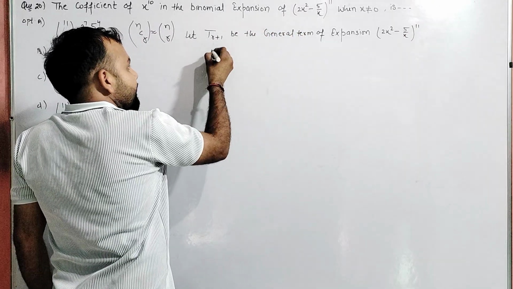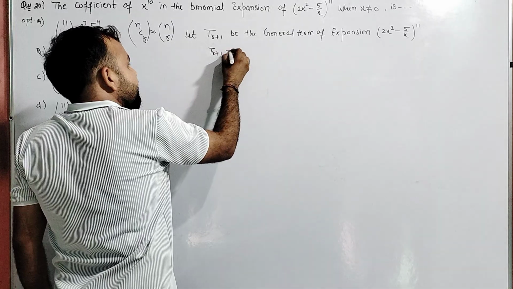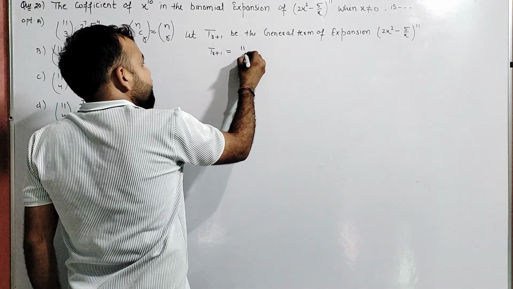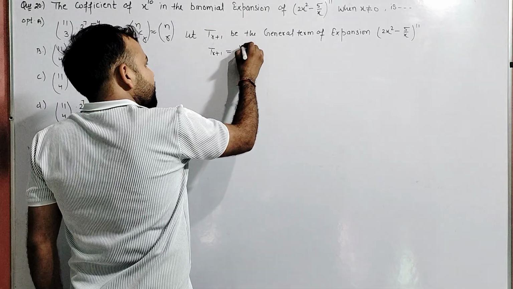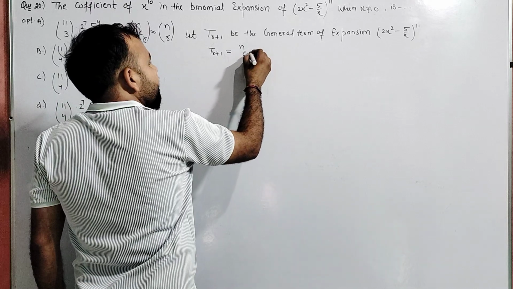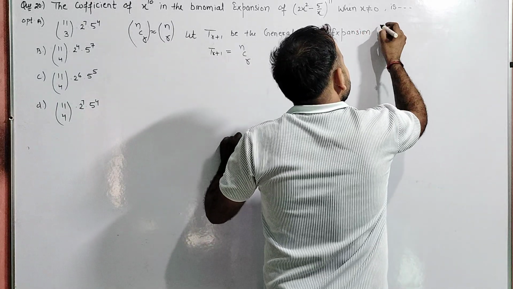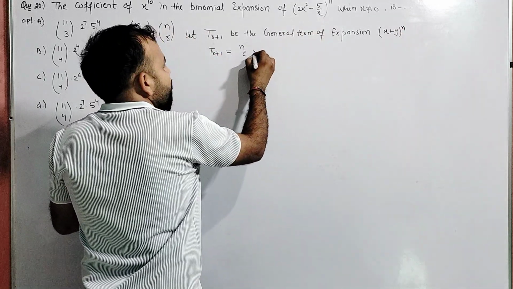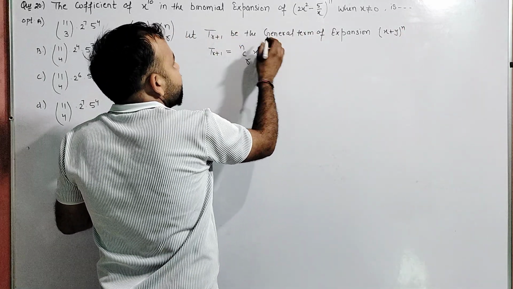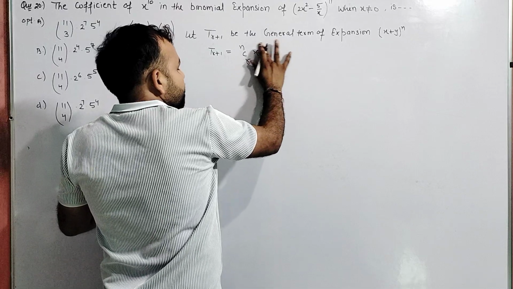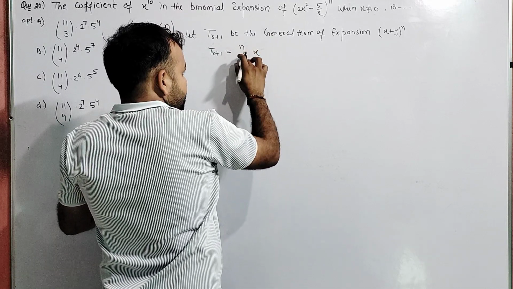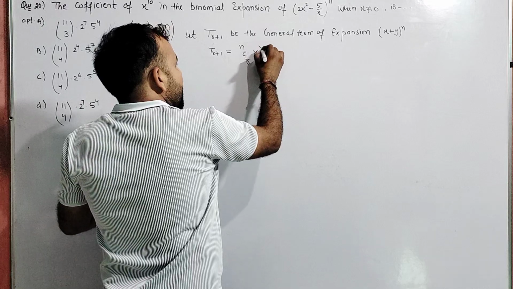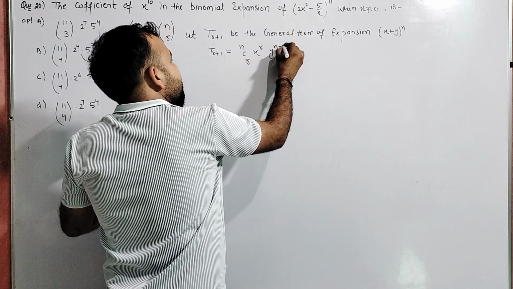And we know very well the (r+1)th term can be written as nCr. First of all, I am going to write down the formula. Let us consider (x plus y) to the power n. Then the formula of this general term is nCr x to the power r y to the power n minus r.